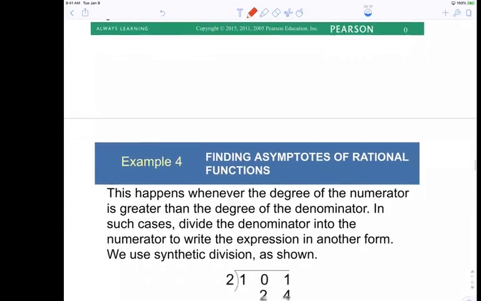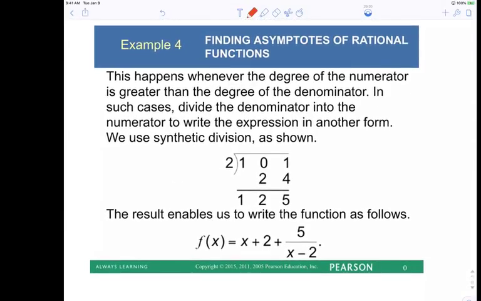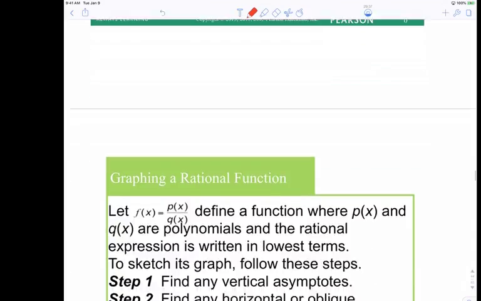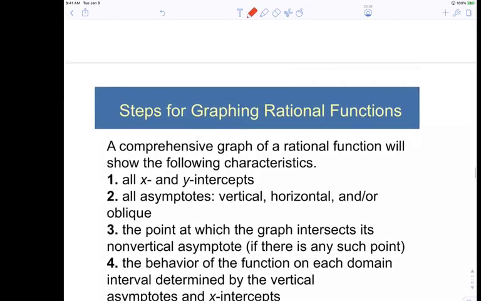Here's the synthetic division. When we do synthetic division, we get a remainder of 5. And then that x plus 2, that's the equation of the slant asymptote. So we're going to say y equals x plus 2. We graph that dashed line. That is the slant asymptote.